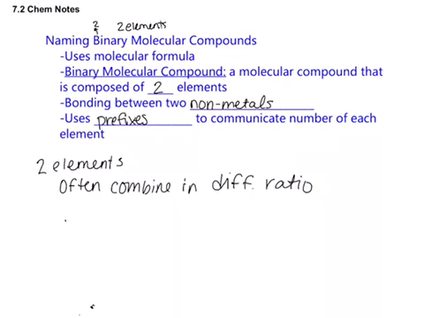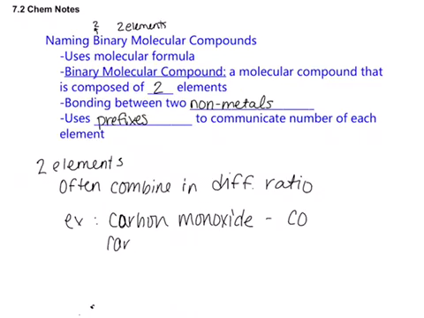So for example, let's do carbon monoxide, which is CO, but then carbon dioxide is CO2. So we have the same two elements combining in different ratios. In carbon monoxide, we have that 1-to-1 ratio, and in carbon dioxide, we have a 1-to-2 ratio.